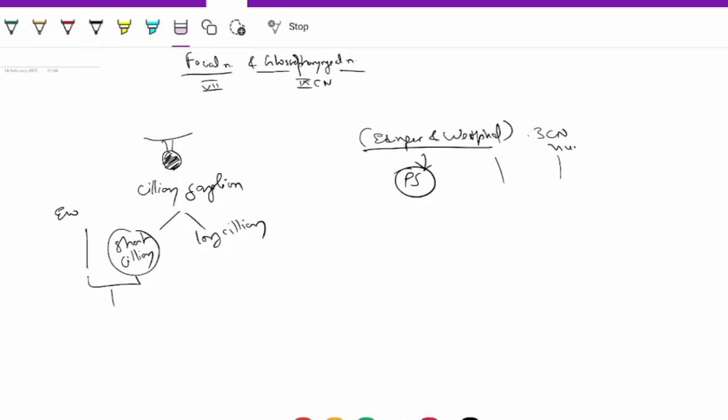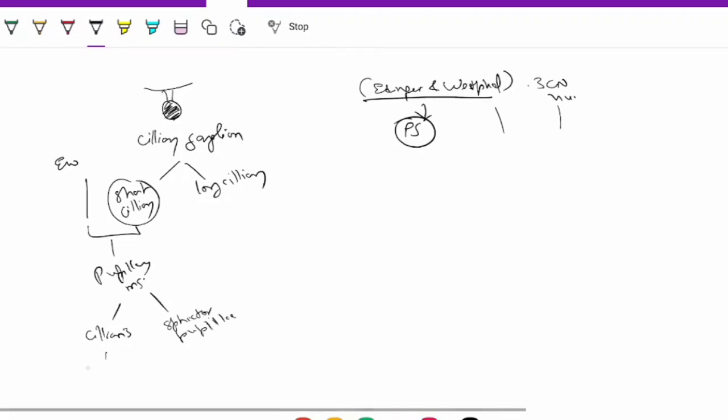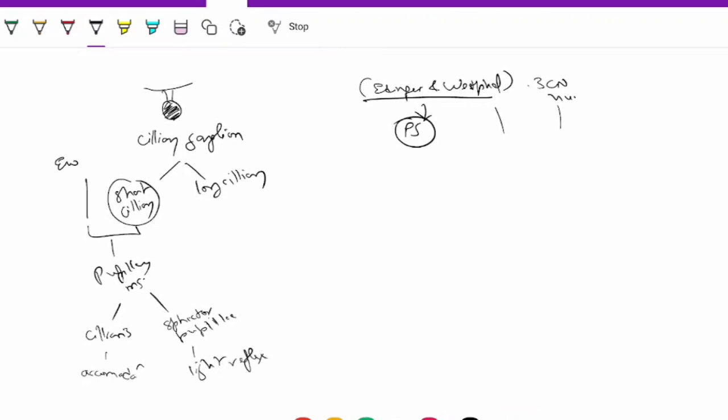They supply your pupillary muscles, that is ciliaris and sphincter pupillae, for accommodation and light reflex. So this is your parasympathetic supply. This is your ciliary ganglion.